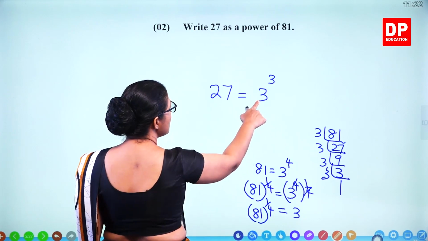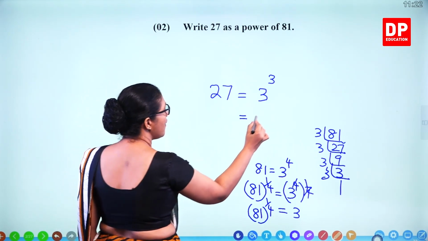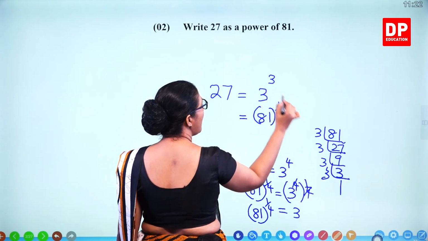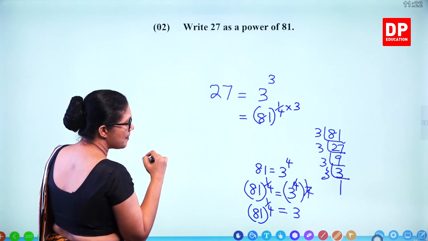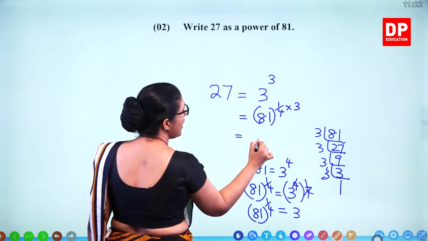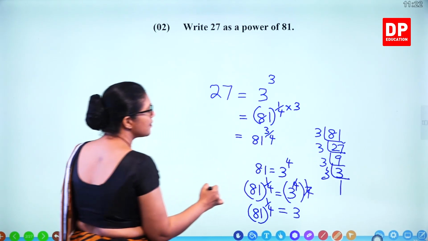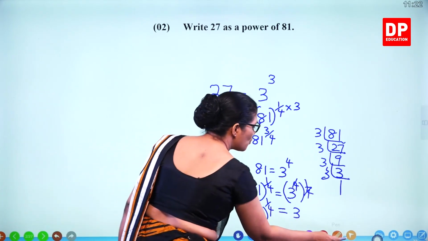Now you can substitute here. Instead of 3, I can write 81 to the power 1/4. And this 3 is there, multiplied by 3. You get 81 to the power 3/4 is equal to 27. So 2 marks for that question.